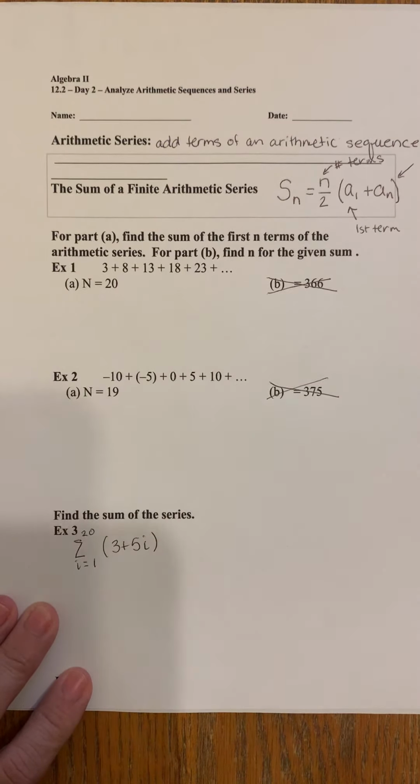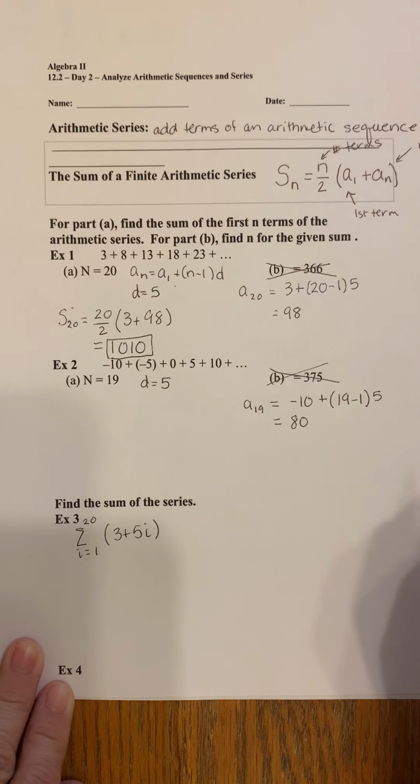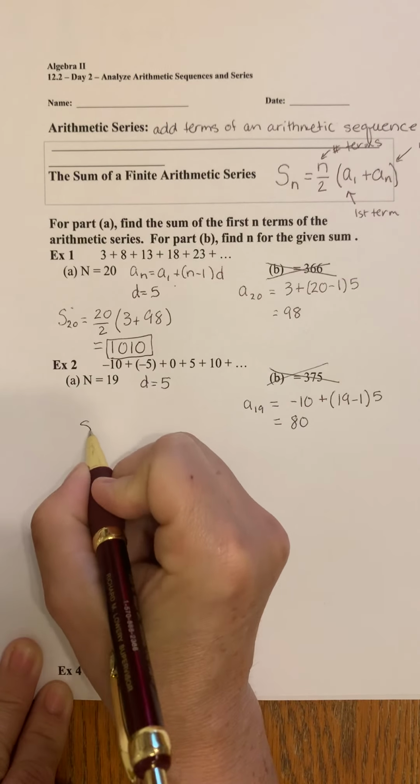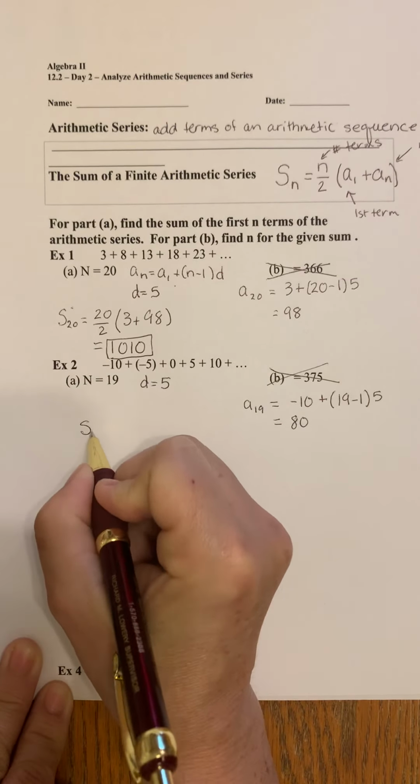And when you do all of that math, you're going to get that it is 80. I was looking at that funny. I thought it was a negative 80 for a second there. So to find the sum of the first 19 terms, we take 19, which is n, divided by 2.